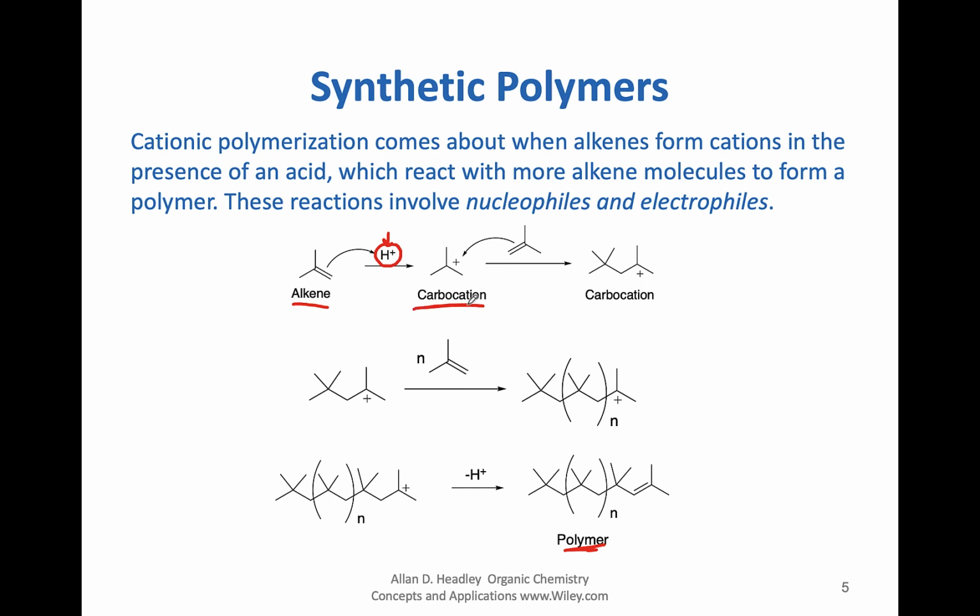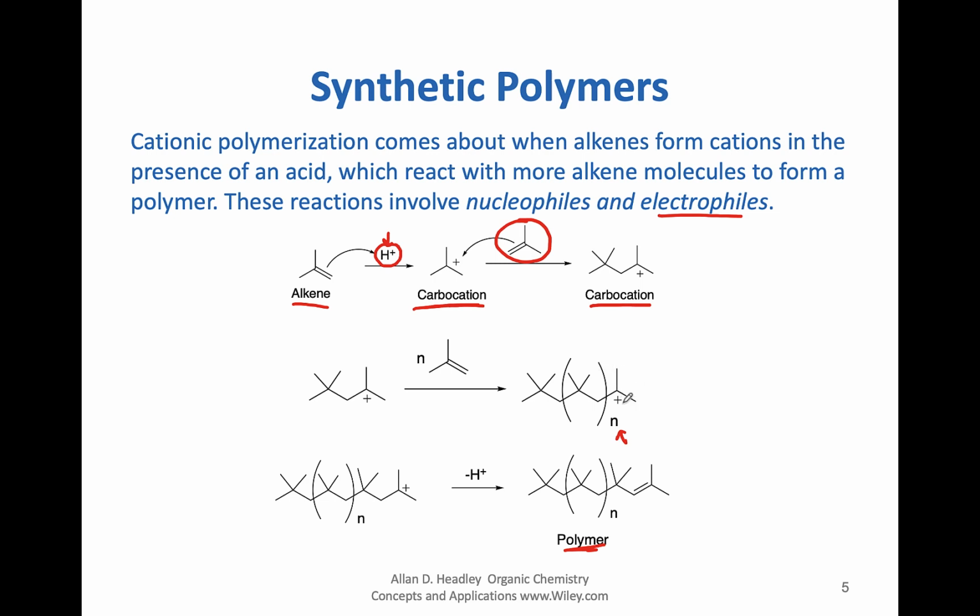But once a carbocation is created, it is now an electrophile. So in the presence of another molecule that has a double bond, which is nucleophilic, you can see that a bond is made right here, and we have created another carbocation. So this process keeps going and going and going. We represent here n to show the number of units that are bonded together.